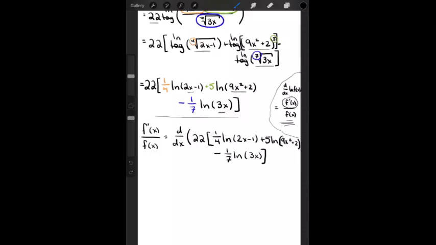That should be this and then this. Okay. Alrighty, so I'll go ahead and do the hard part, which is pulling this 22 out. Then what do we get as the derivative of this first term?